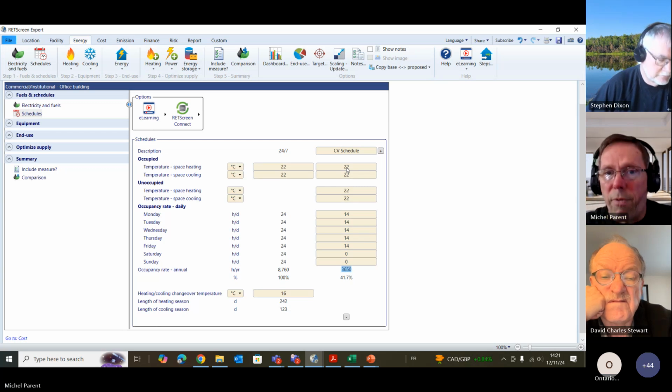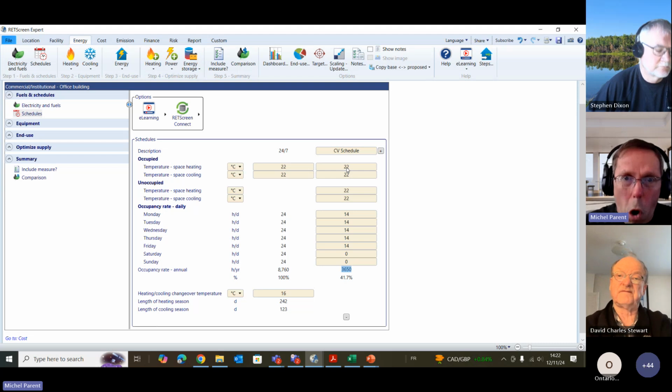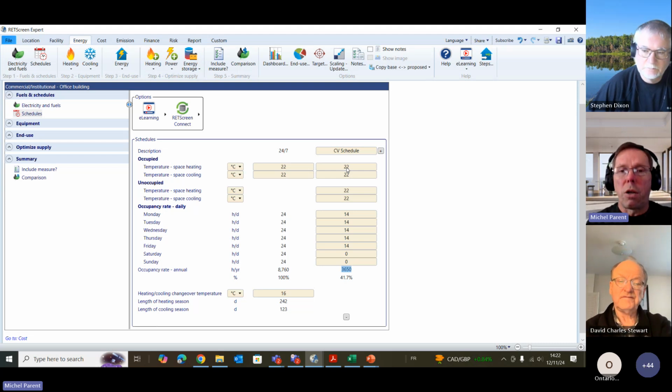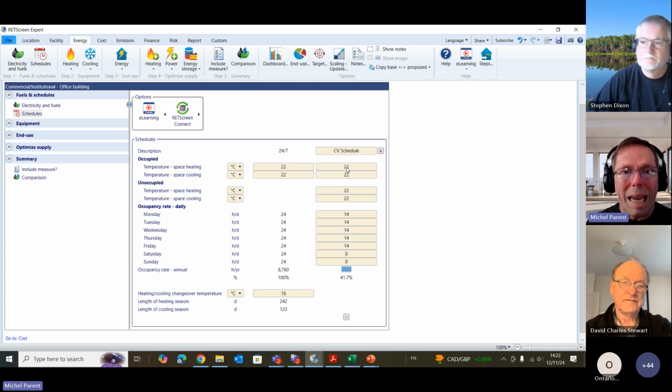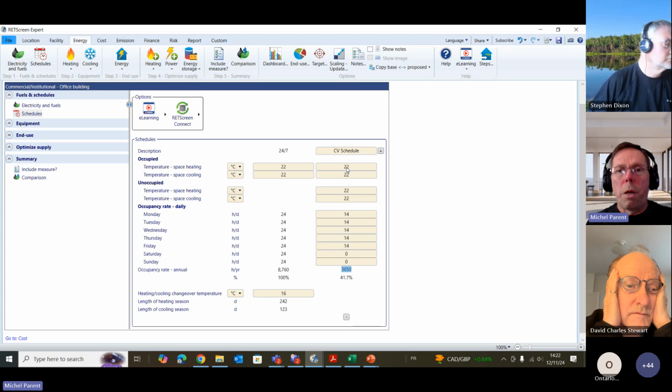So for those of you who were there for the first session, you're probably like, hey, that is wrong. And you'd be right. The constant volume system, when you define its schedule to account for the fact that it's a cold deck system, it's really not used for heating the space, or almost never. You do have to change your space temperature heating set point to be closer to what is really your mixed air temperature limit.